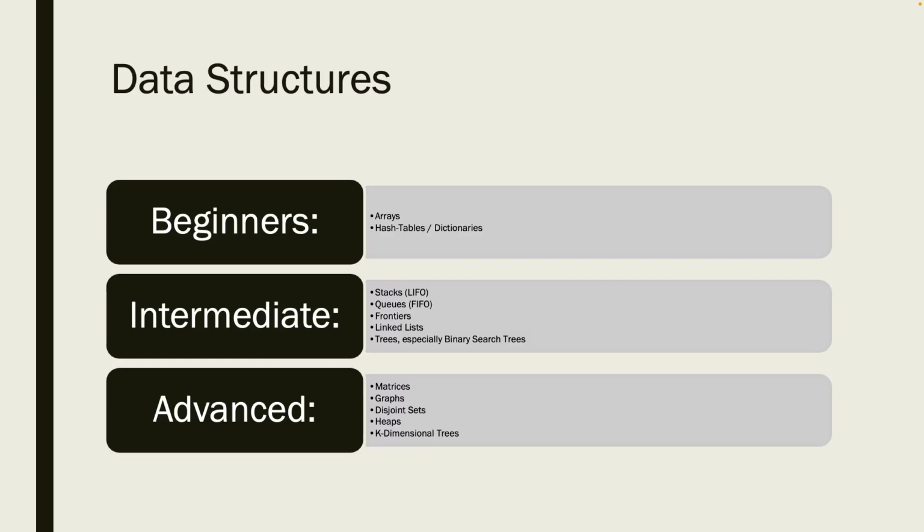Frontiers is just a type of data structure used as an overarching theme for queues and stacks, so not too much to worry about in terms of the nitty-gritty of it. And advanced data structures, you have matrices, graphs, disjoint sets, heaps, and k-dimensional trees.